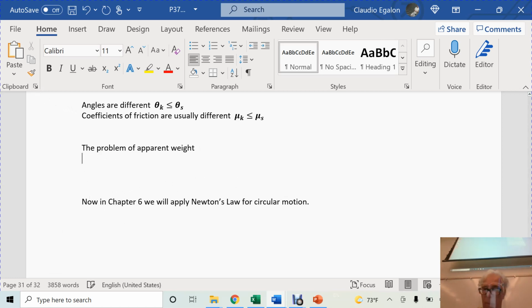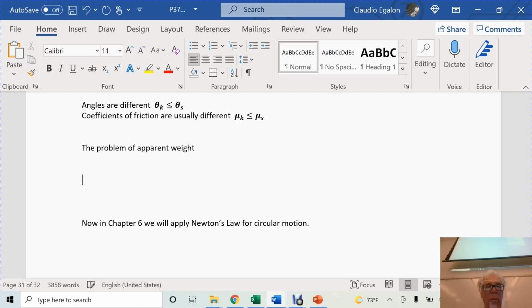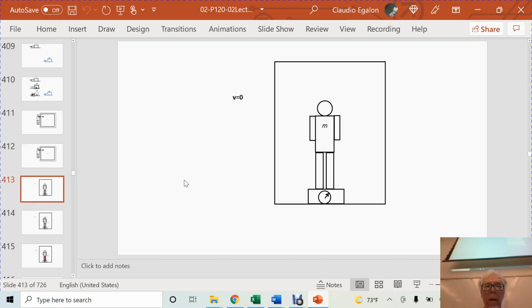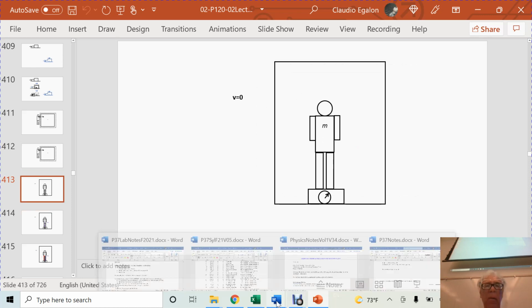So we can explain that using Newton's laws of motion. And that can be explained in terms of the elevator. So that's the problem of apparent weight.